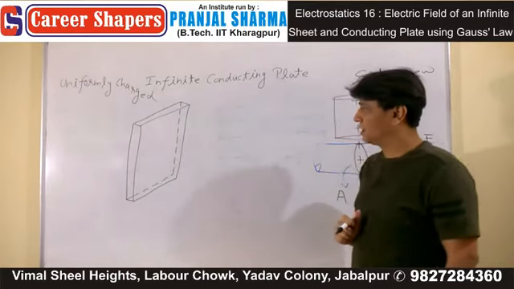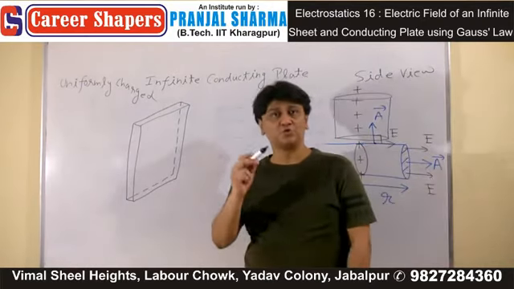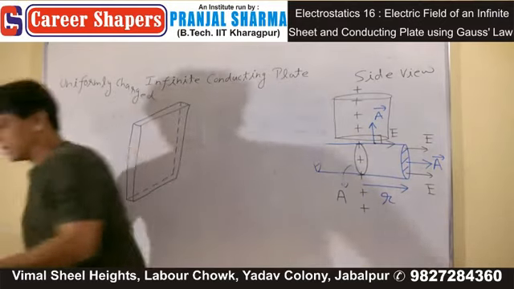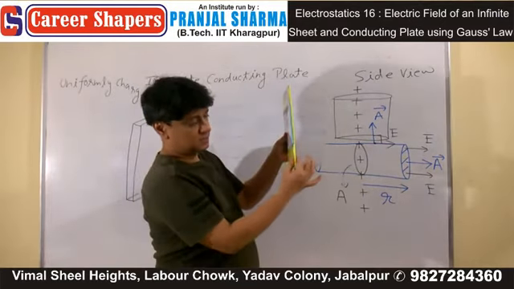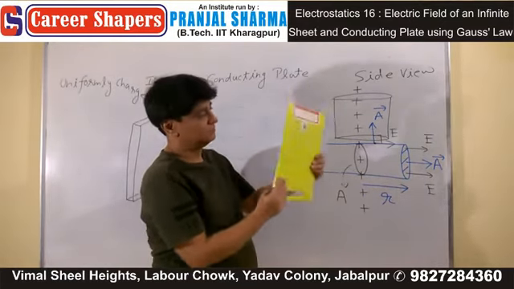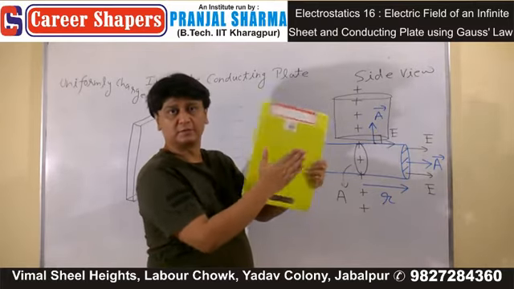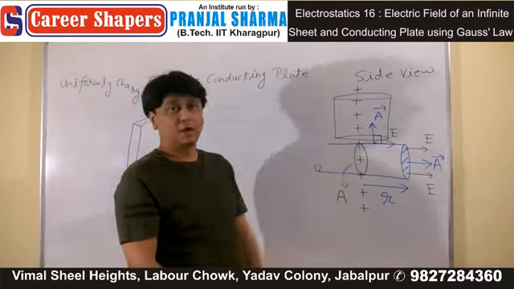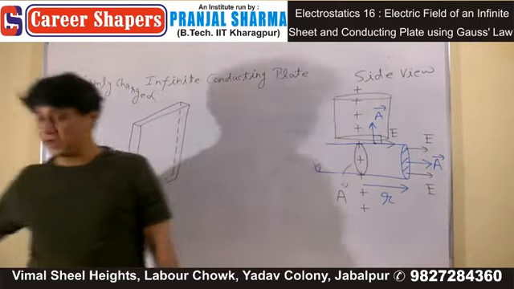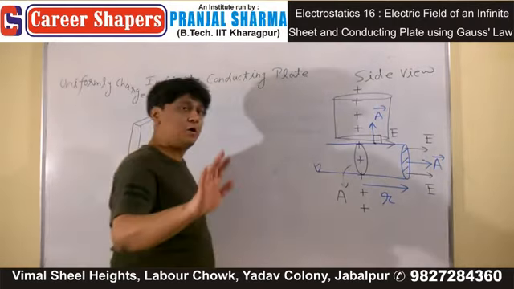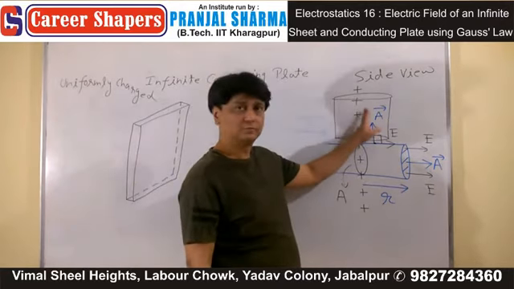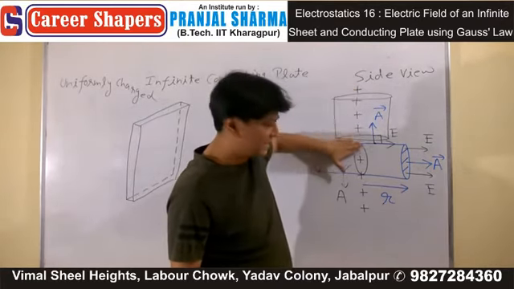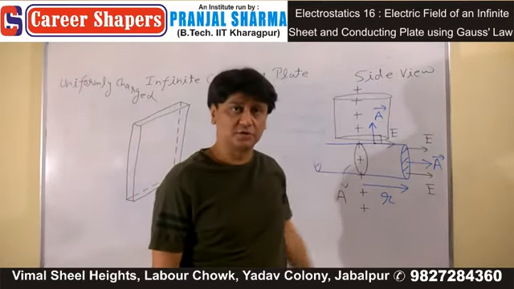This is a plate which has two faces. A plate has some thickness and there are two faces. Infinite sheet also has two faces, but it is just a single layer of charge.